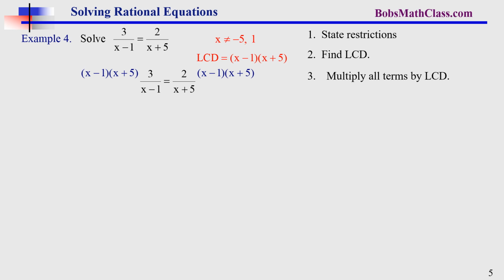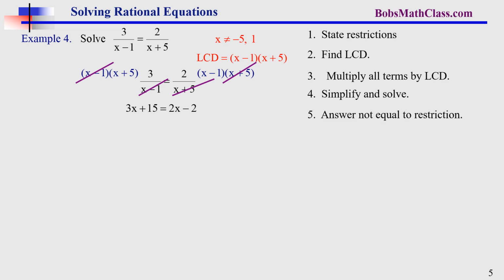Now we can simplify, so cancel. On the left-hand side, the x minus 1's cancel. On the right-hand side, the x plus 5's cancel. Now on the left, distribute the 3, and on the right, distribute the 2. There's no x squared, so we don't have to factor. Just get x by itself on the left-hand side. So we have x equals negative 17.